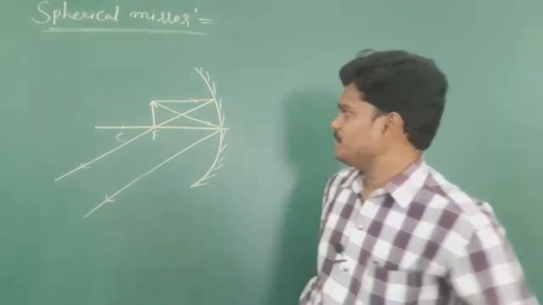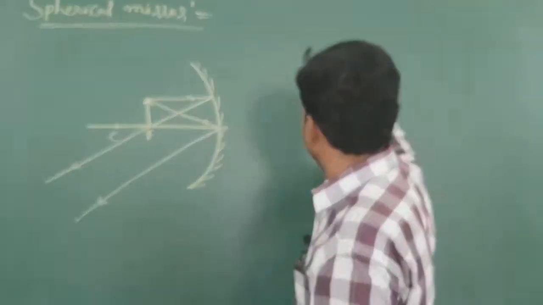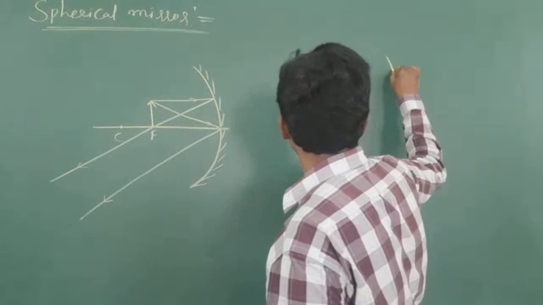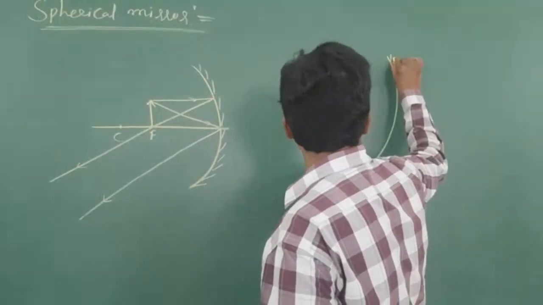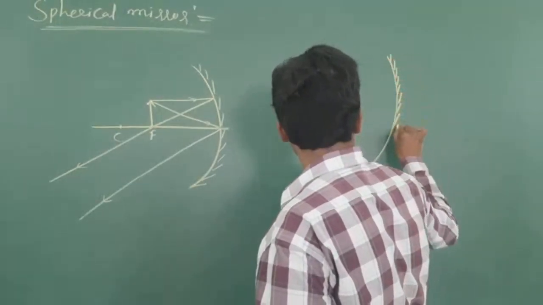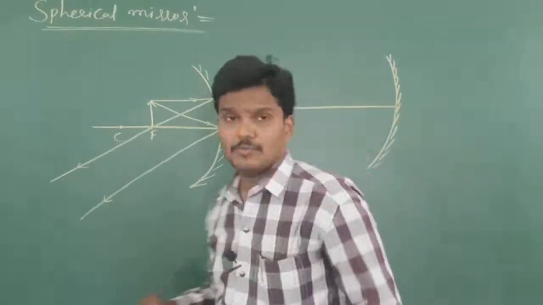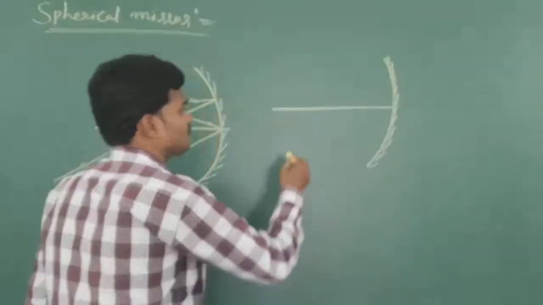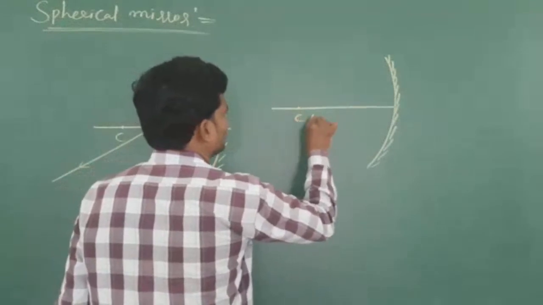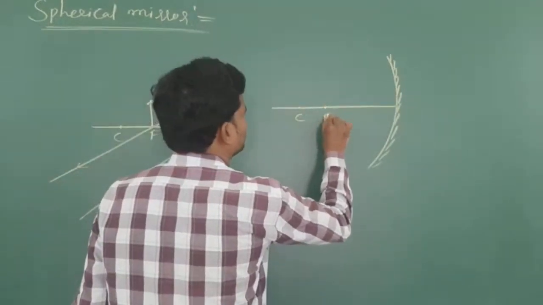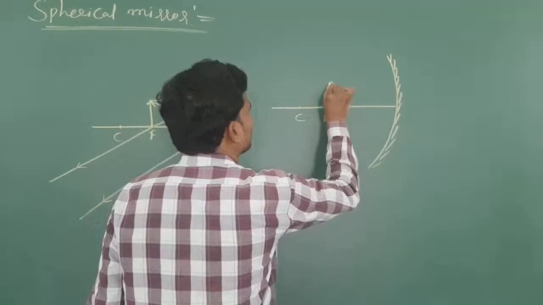Now let me place the object within the principal focus. This is an important diagram. See, this is the center of curvature and this is the principal focus. Let me place an object here.